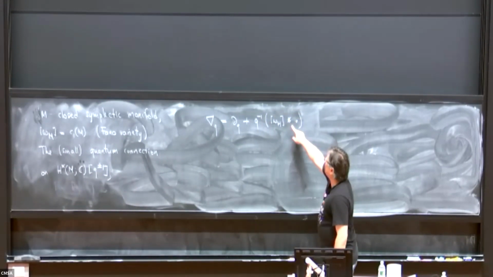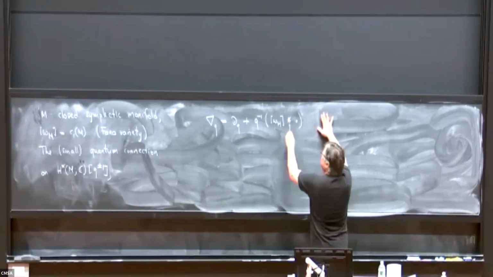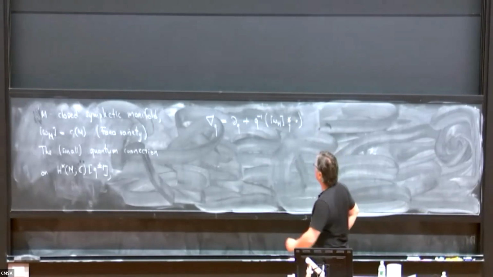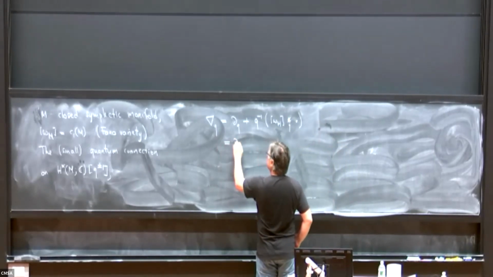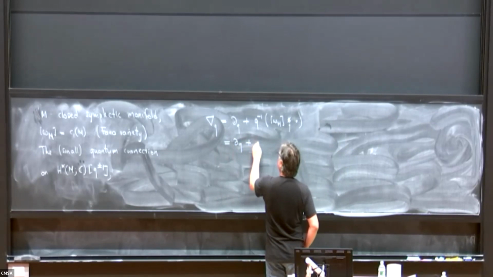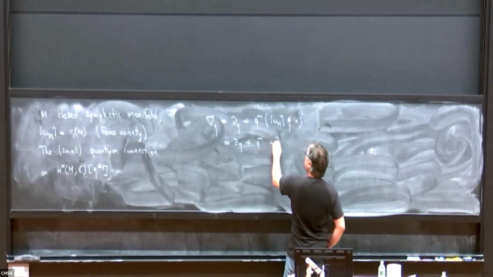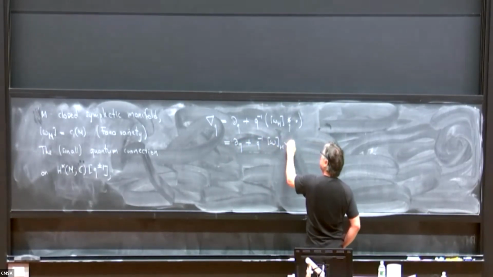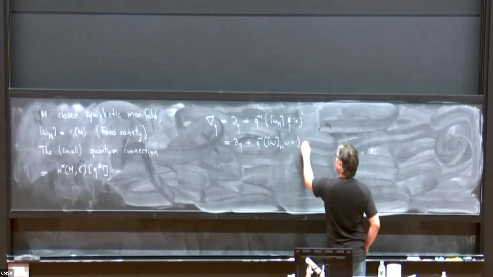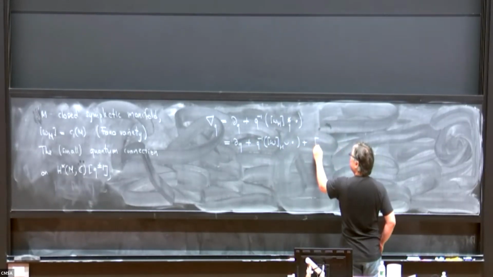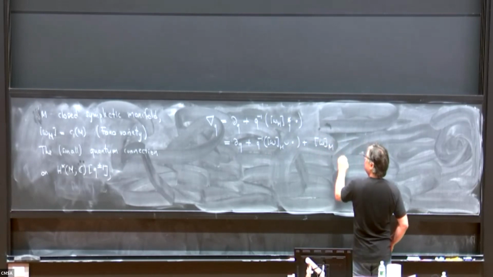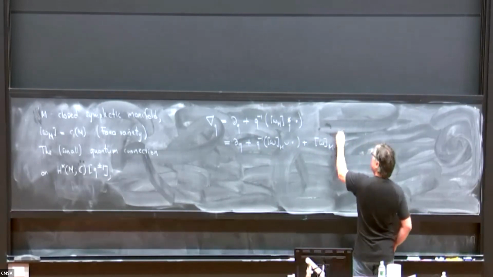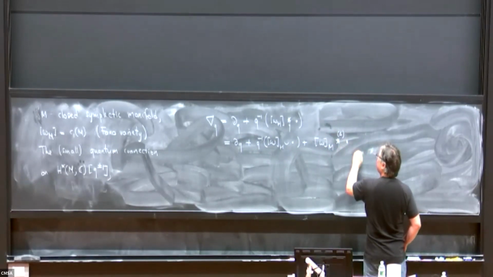But this star here, I should put in a q, stands for the small quantum product. So when you expand it, it has the ordinary cup product, and then there's a term with the next higher order power of q.